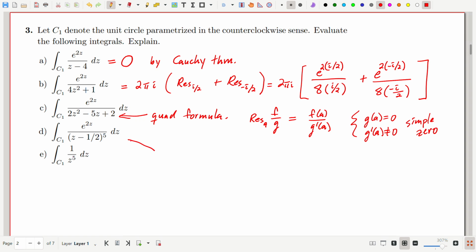So remember what the higher order Cauchy theorem was. The nth derivative of f at a is equal to n factorial over 2 pi i times the integral around a closed curve, in this case, of f of z over z minus a to the n plus 1 dz.